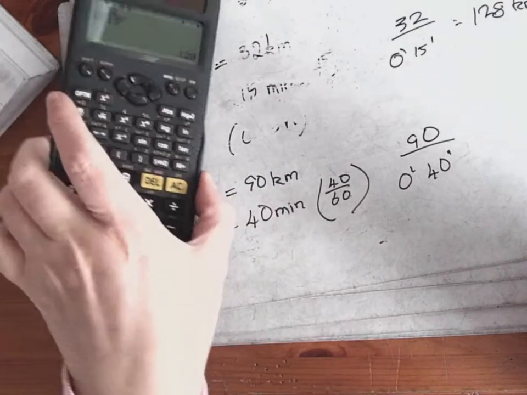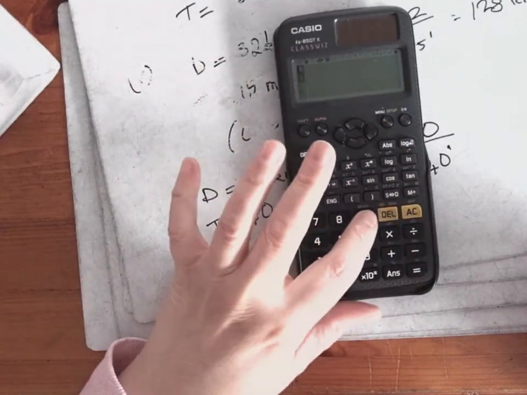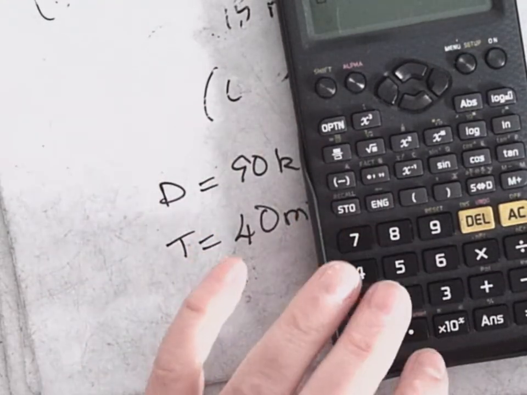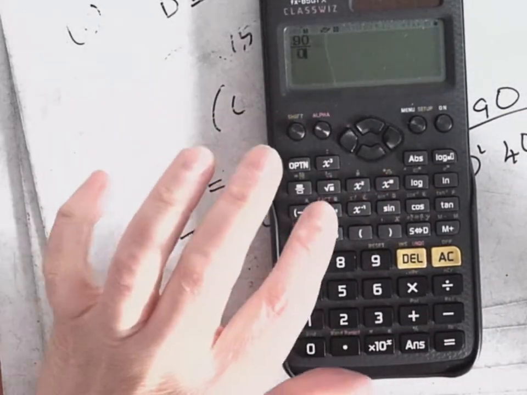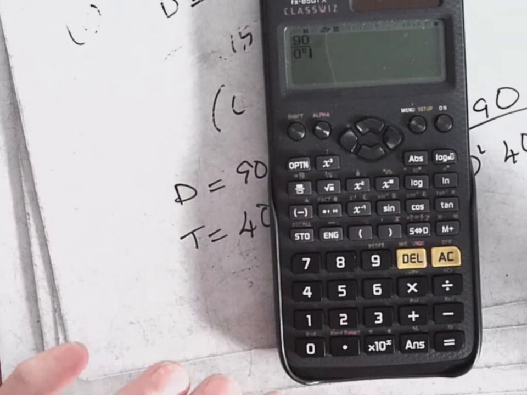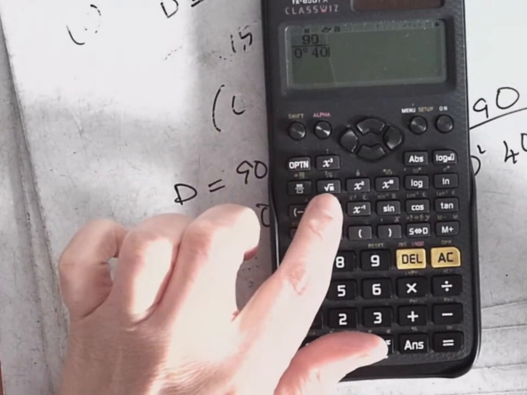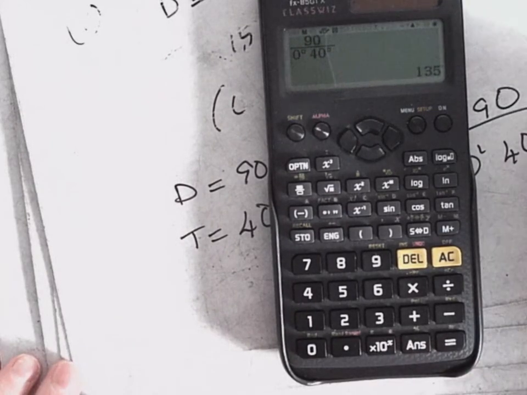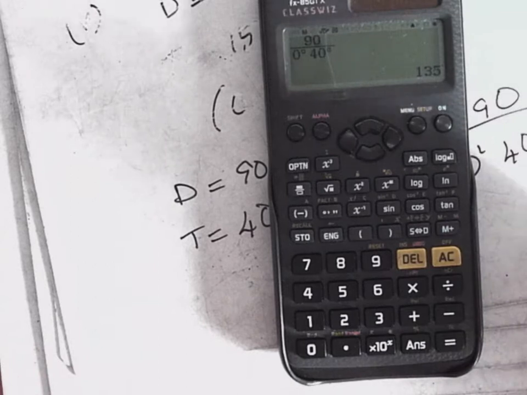So press the fraction button and you do 90 on top, and underneath you put 0, that button with all the commas on it. That's 0 hours and 40. Now you have to log it in again as minutes, and then press equals, and that will give you 135 kilometres per hour. So that button is very handy, girls, for doing time.